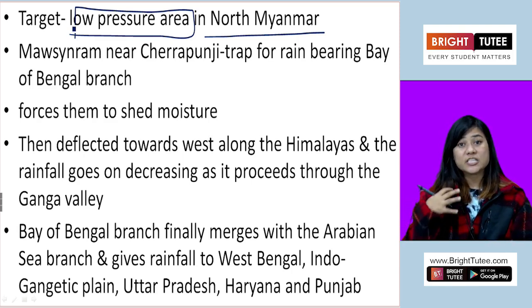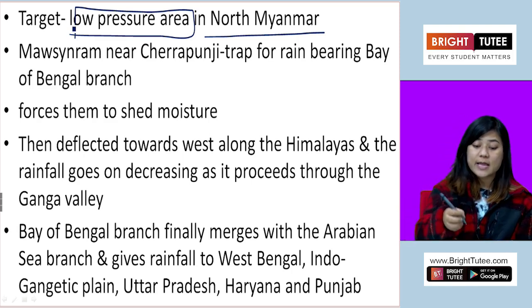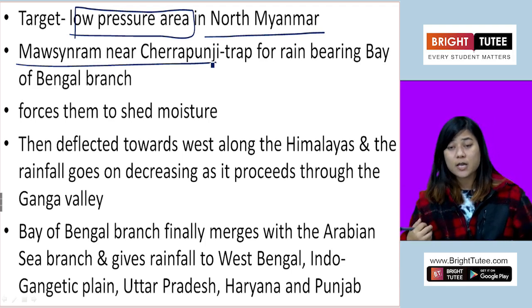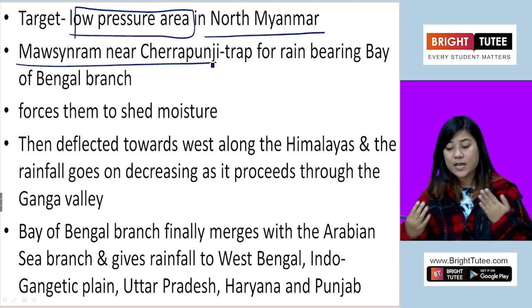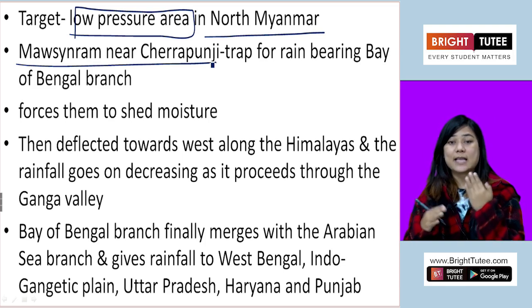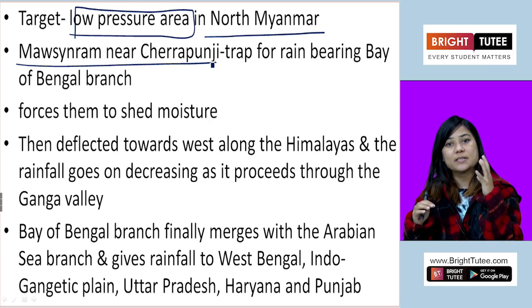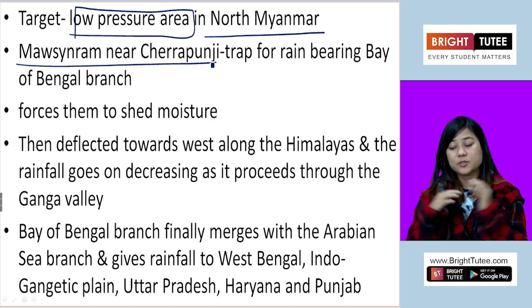When it gets attracted towards the northern Myanmar area, this wind goes further north, and when it reaches Shillong, in a place called Mawsynram near Cherrapunji, there are hills. These hills act as a trap for this wind. A trap is something which captures the wind.